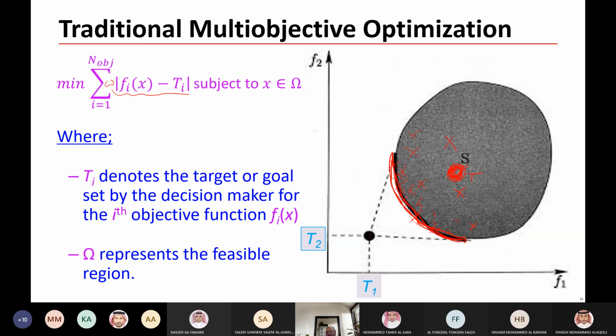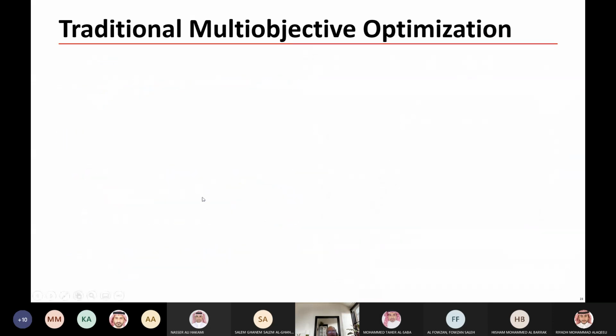If you minimize the distance, you will have such solutions here, and these solutions are definitely not the Pareto front. So you are far from the Pareto front. So you have to have knowledge about the search space in order to set the target outside the feasible region.